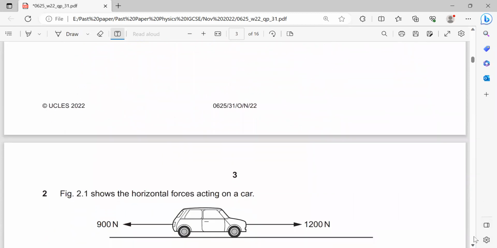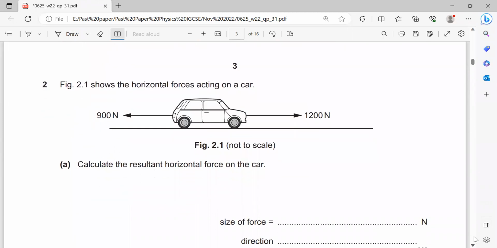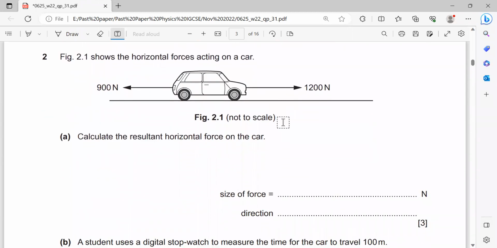Next, figure 2.1 shows the horizontal forces acting on a car. Calculate the resultant horizontal force on the car. Of course, 1,200 minus 900.